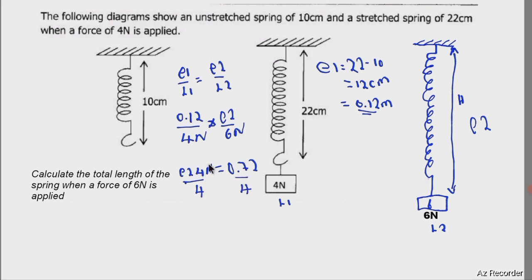So extension 2 is equal to 0.72 divided by 4, and we get 0.18 meters.